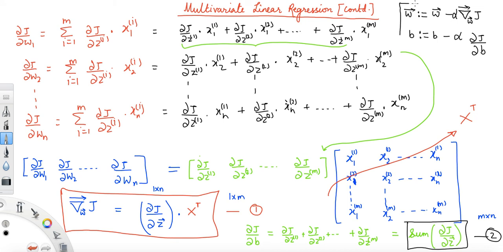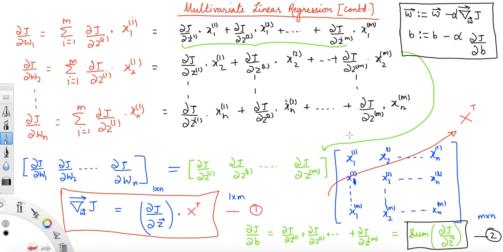So this is the gradient descent equation for the update of w1, w2, wn and also b. So we can see that only two equations are necessary for the update of weights and bias, not n plus 1 equations, because n equations have been compressed into this single equation, and then we have the one for the bias.